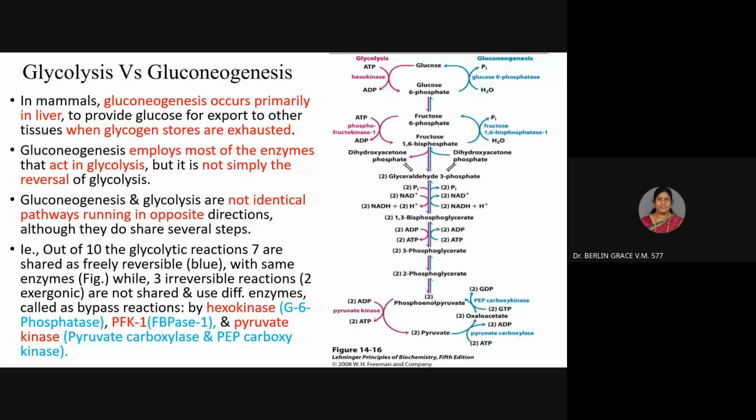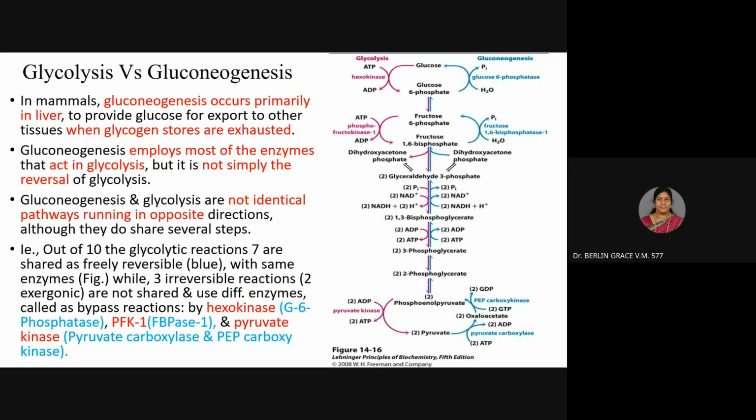Similarly, the next reaction is the same, and in the next reaction, it is different. Conversion of fructose 6-phosphate to fructose 1,6-bisphosphate is carried out by phosphofructokinase in glycolysis, whereas in gluconeogenesis, the reverse happens by fructose 1,6-bisphosphatase. Here again, it is the removal of phosphate.